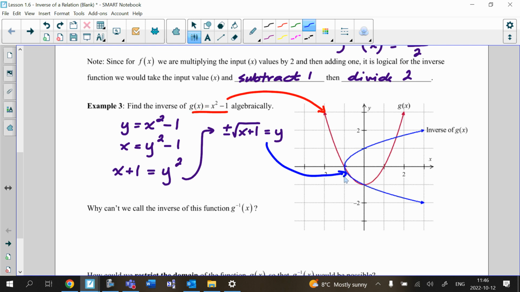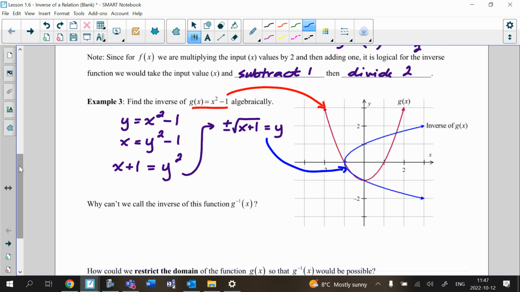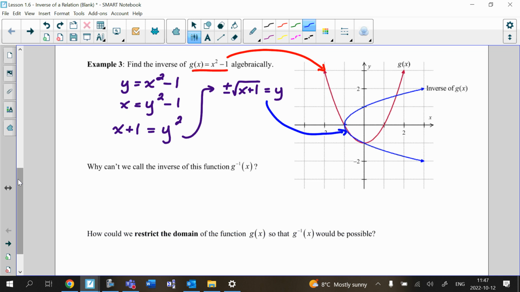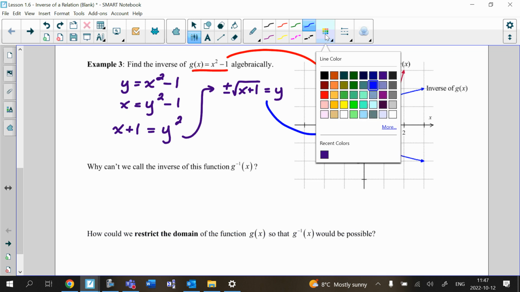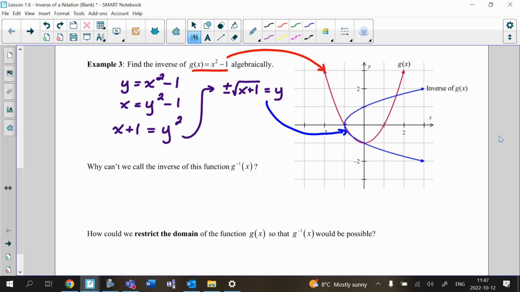So why can't we use this notation? Because the inverse is not a function. And why? Because we can draw a vertical line through more than one point.